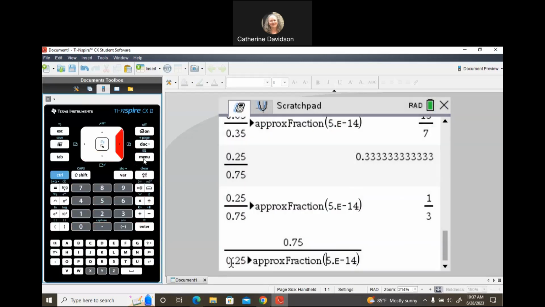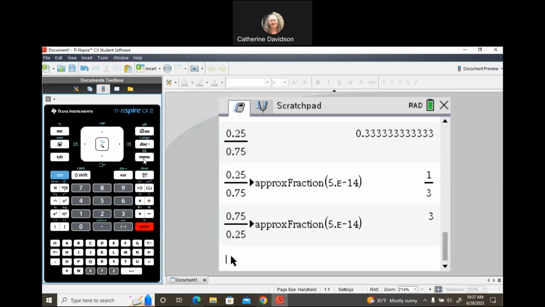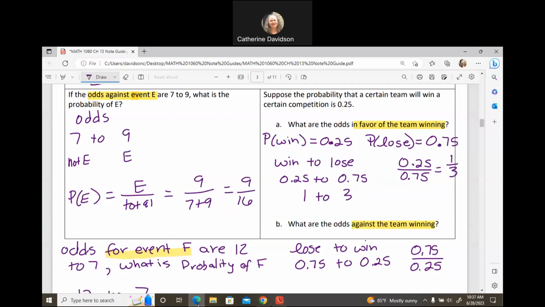Right, I keep forgetting to move outside of the fraction bar. All right, so it's 3. And how do you write 3 as a fraction? That's going to be 3/1. So against the team winning is 3-1. So they lose 3 games for every 1 that they win.